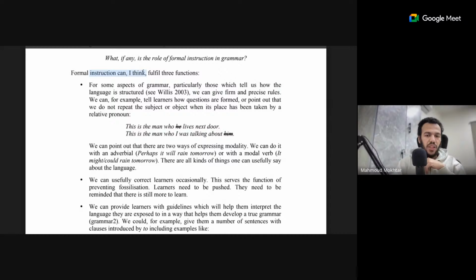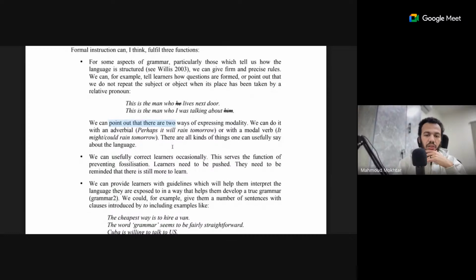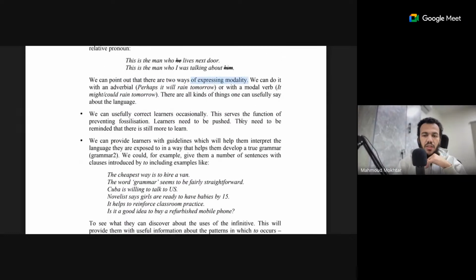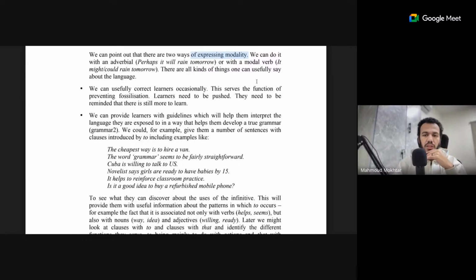Formal instruction can fulfill three functions. We can point out that there are two ways of expressing modality.